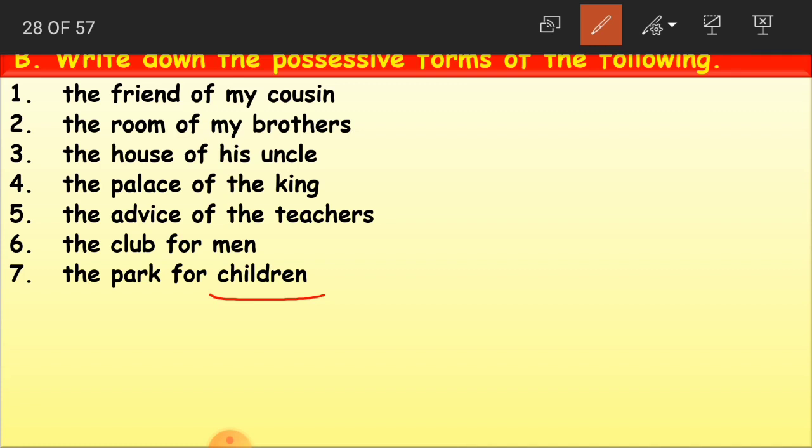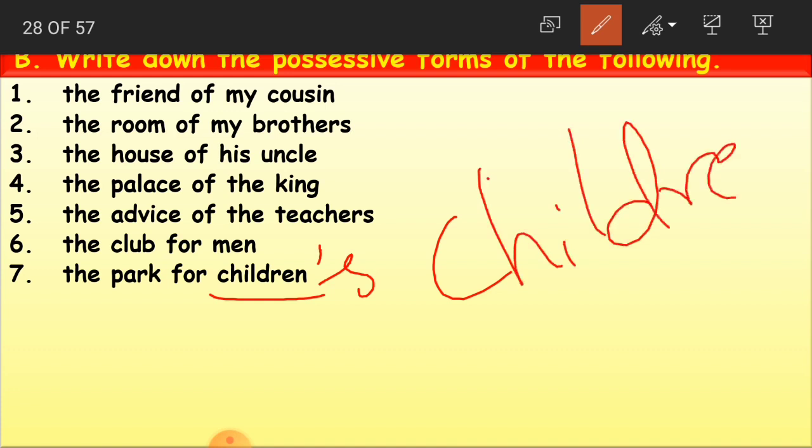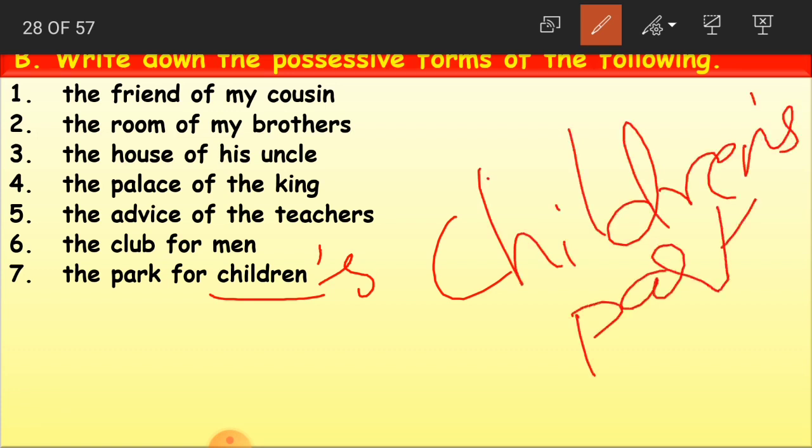So how do we have to write? Same as a singular noun, apostrophe and s. So the children's park. Apostrophe s and then park. This is how we write in the possessive form.